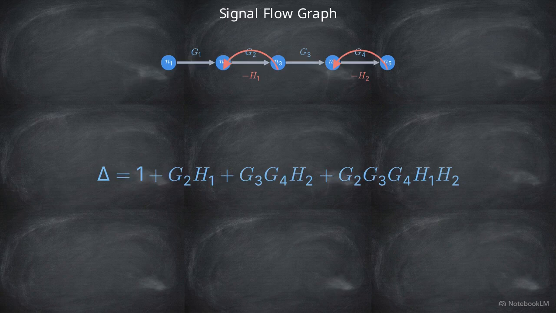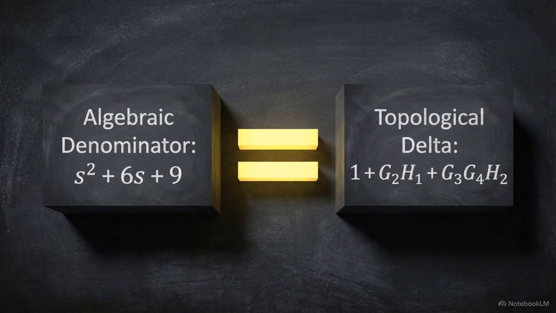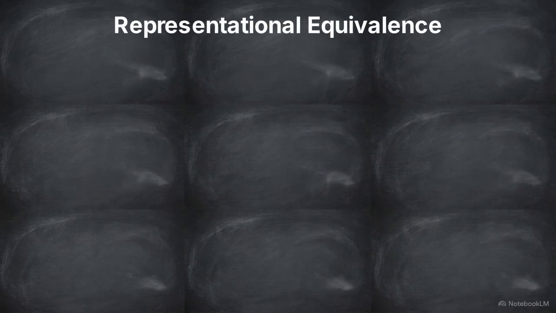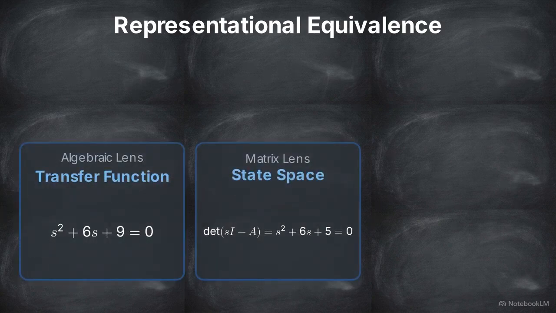In Mason's formula, this graph determinant, delta, functions as the characteristic equation for the global network. Even though we are working with symbolic variables here, this delta is the exact topological equivalent of the algebraic denominator we derived earlier.